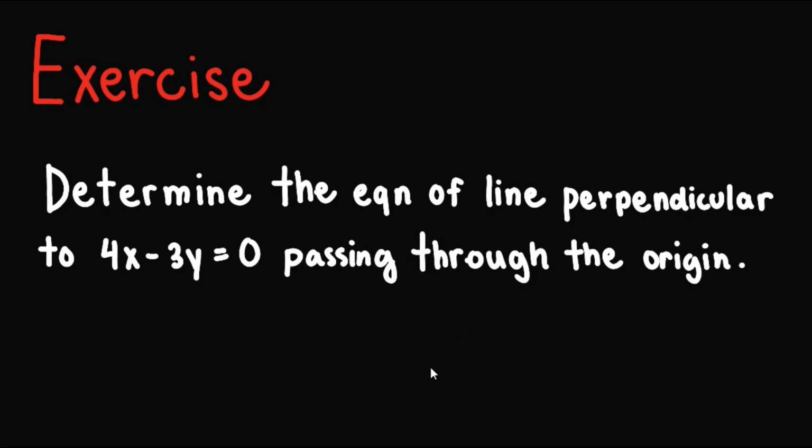To end this, here's an exercise that you can work on. So our goal here is to determine the equation of the line perpendicular to 4x minus 3y equals 0 passing through the origin. So to answer this, the solution is similar to our second example a while ago, but this time we're given a line that is in the standard form.